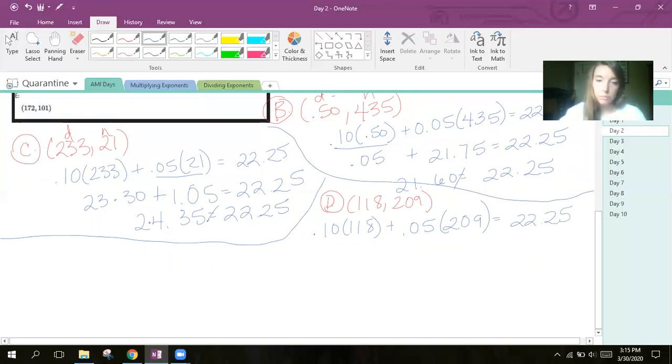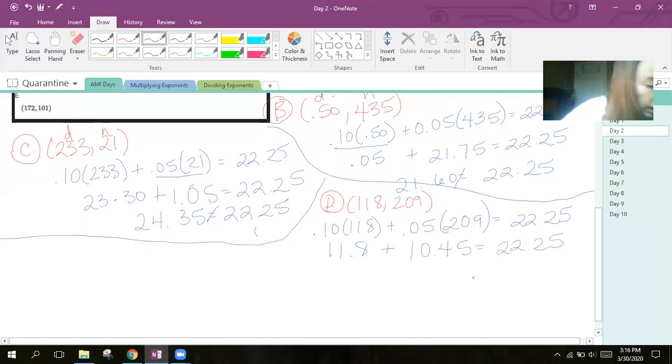Again, order of operations, we have 0.10 times 118, and that gives us 11.8, plus 0.05 times 209, which gives us 10.45, and we want to see if that equals 22.25.